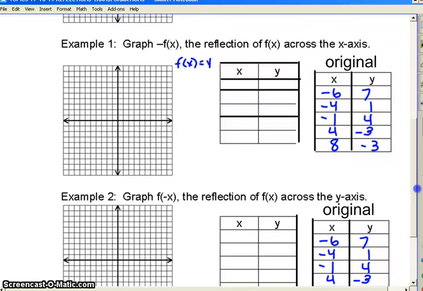Y. So to help us remember what they're really saying, negative f of x can also be written as negative y. Is that note 17? Mm-hmm. And do we draw the original one? Okay, so what we're going to do is take every y value and make it negative.